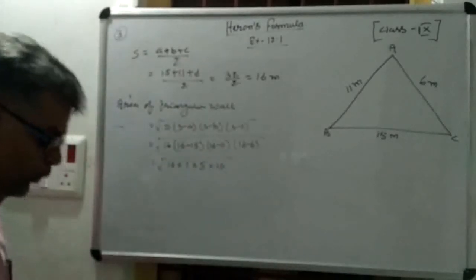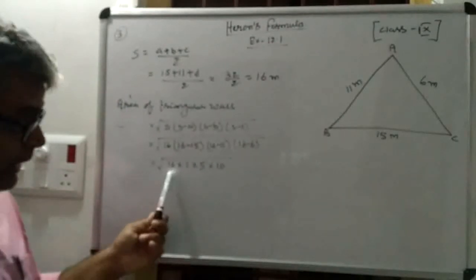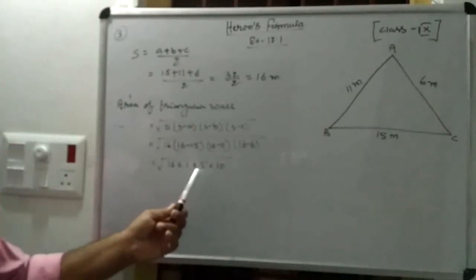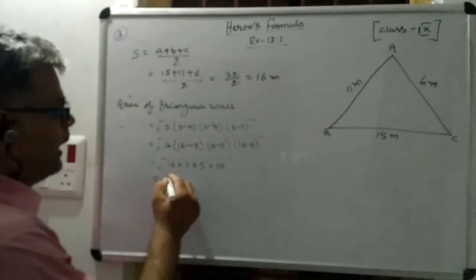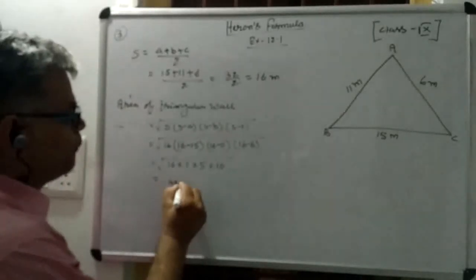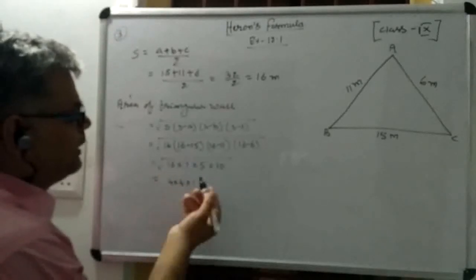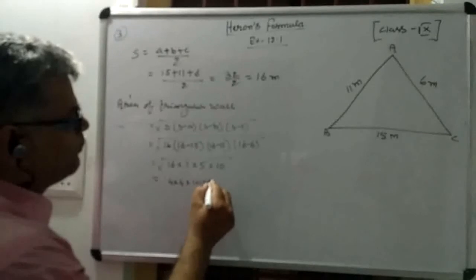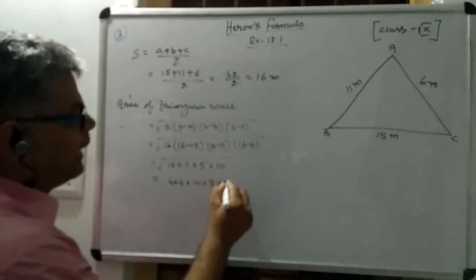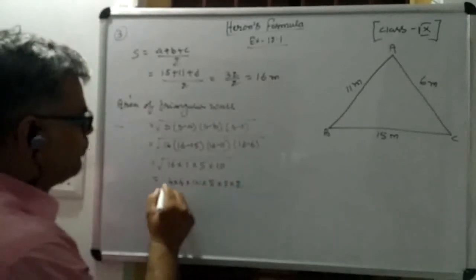Now as you know, 16 can be written as 4 into 4, so factorize it. 1 is 1 itself. 5 into 10 can be written as 5 into 5 into 2.